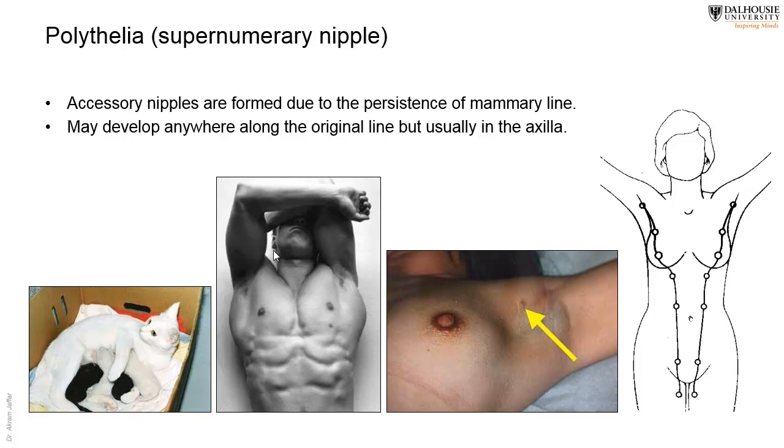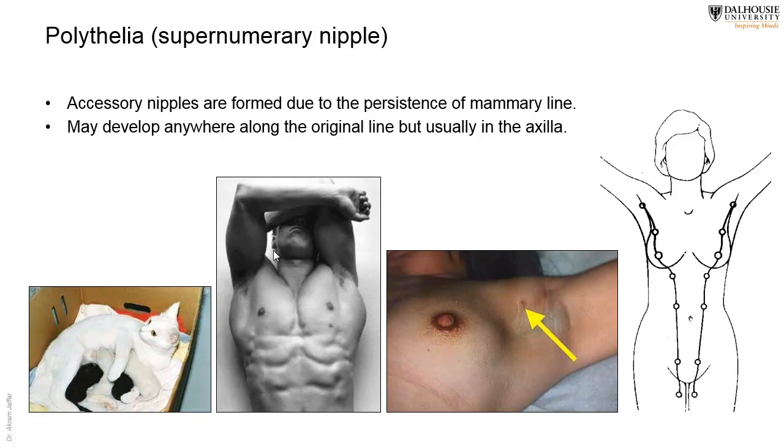When we develop as embryos, we have what we call a breast line or nipple line, which extends from the thigh up into the axilla. Multiple nipples are formed, and then they degenerate during our development as humans, so only one nipple on either side will remain.